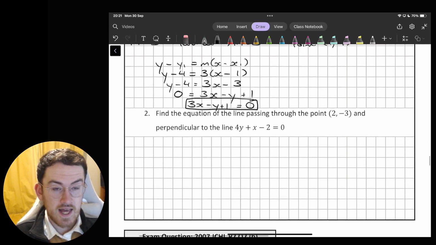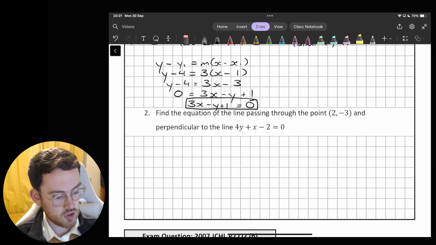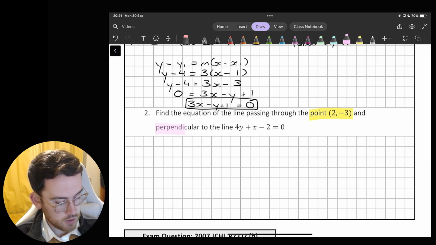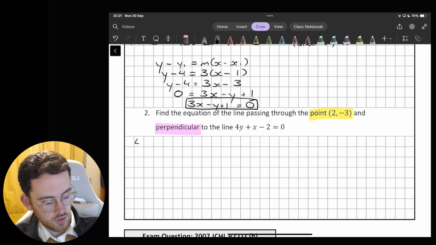Looking then at this last question as an example, find the equation of the line passing through the point 2, minus 3, so that's the point I'm using here, and perpendicular, so perpendicular being the part that's going to tell me about the slope. Our line in this case is not fully in the format we would like, but we can adjust it quite easily.